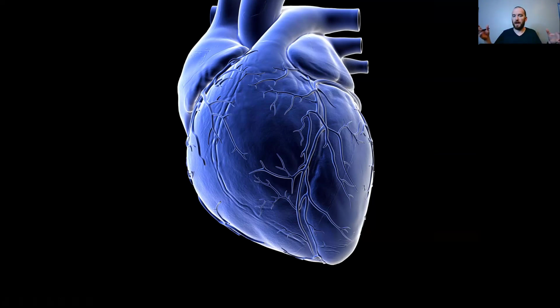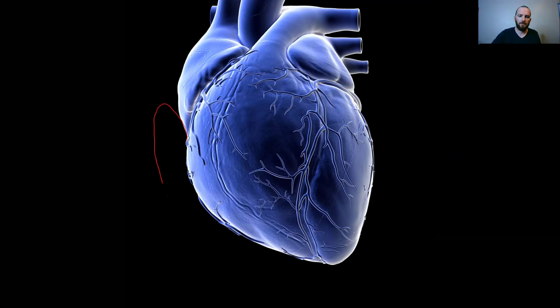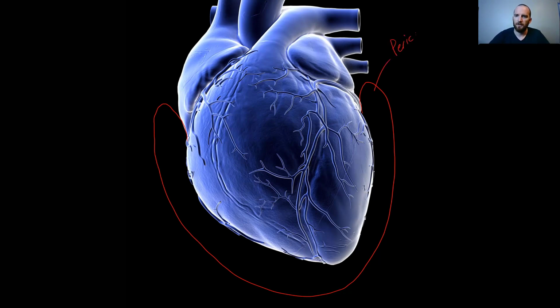So let's start even outside the heart just a little bit. We have a little fluid-filled sac wrapped around it. We call it the pericardial sac, or the pericardium, and pericardial. Cardio, obviously referencing the heart. Peri is around, so pericardial is around the heart.